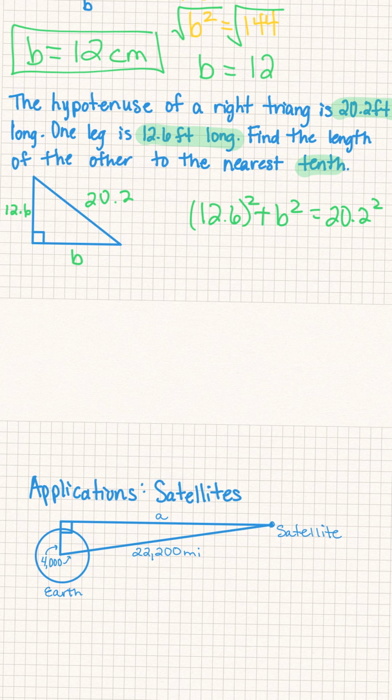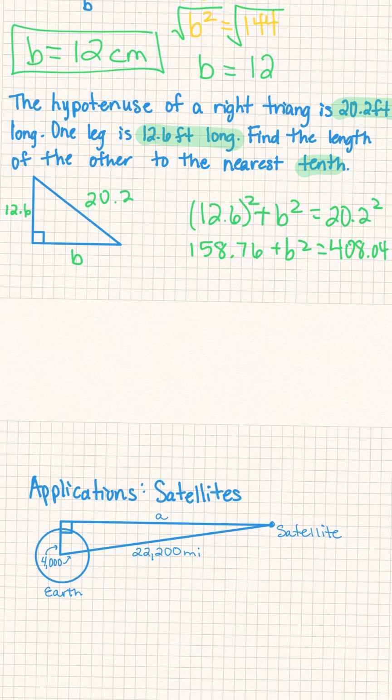12.6 times 12.6 equals 158.76, plus b squared equals 20.2 times 20.2, which is going to equal 408.04.